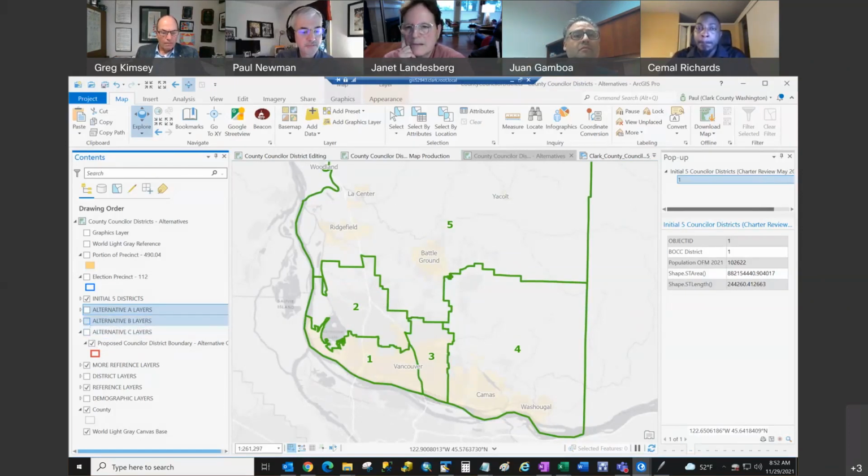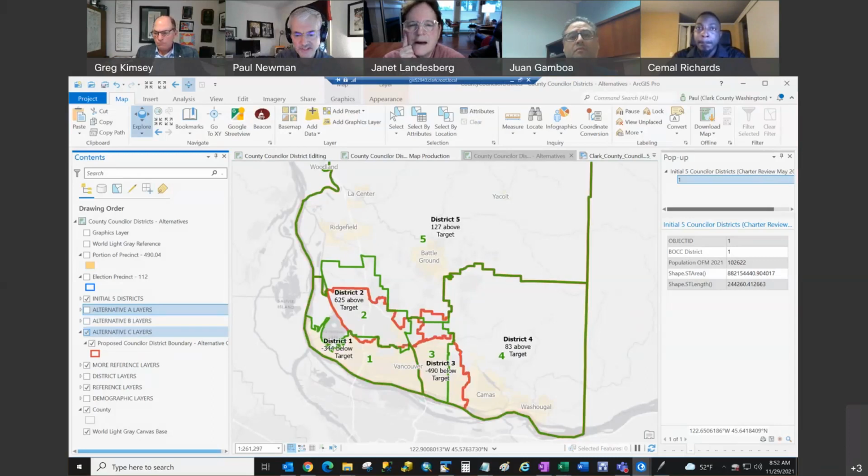Okay, good. Let me talk about C. With C, I felt a little inspired by alternative A, seeing that it tried to incorporate more Vancouver. And that's also, looking at the RCW, trying to keep communities together. I moved the boundary of District 3 east towards Camas.